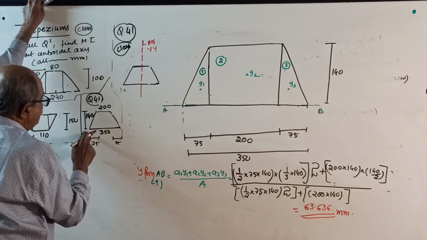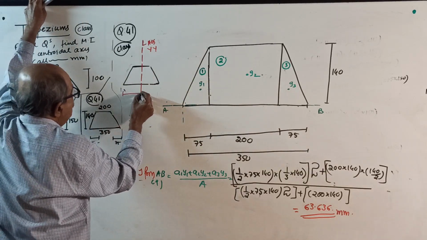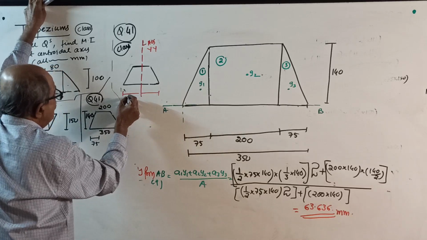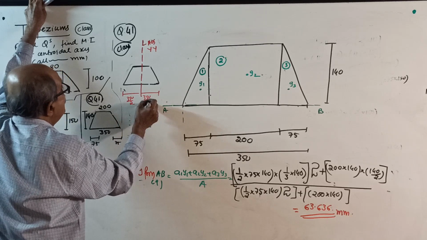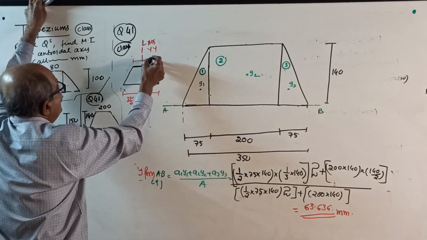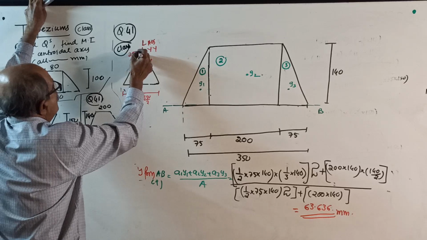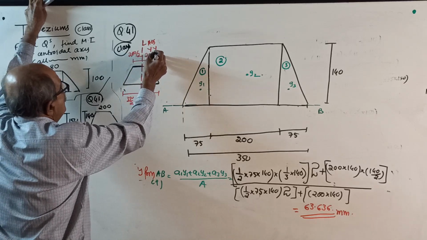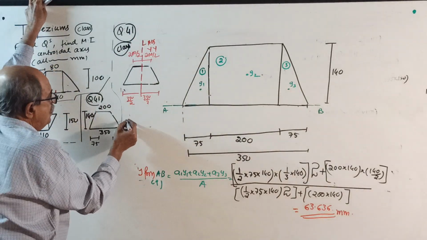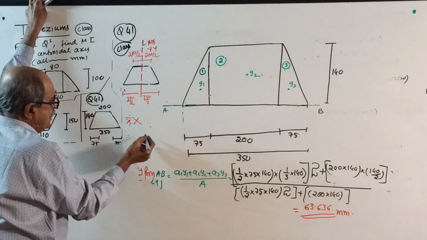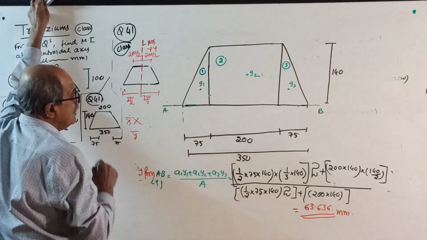So if this is 350, each will be half of 350, 350 by 2, 350 by 2. Or here, if you want, both will be 200 by 2 and 200 by 2. Therefore, see, y axis is already known, so x bar is not required. You want only y bar.